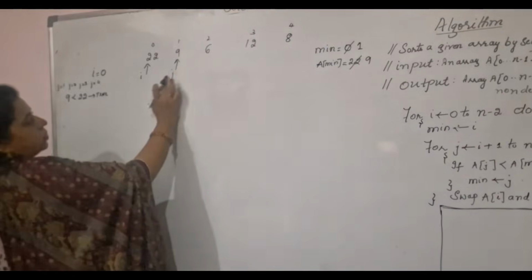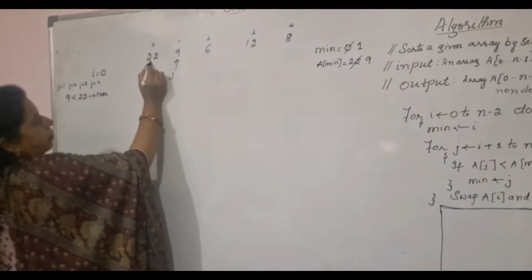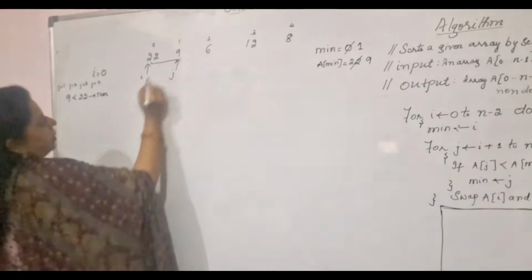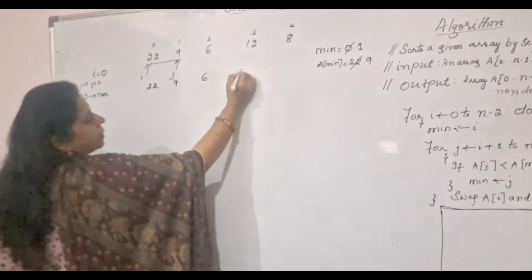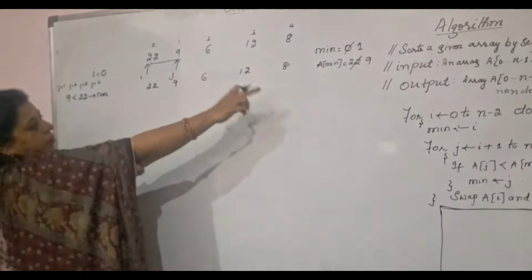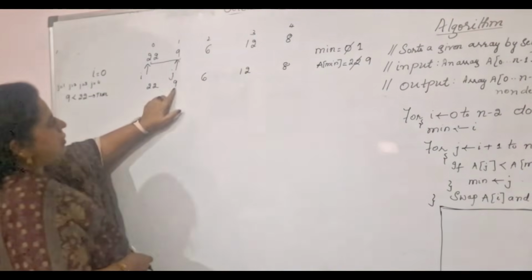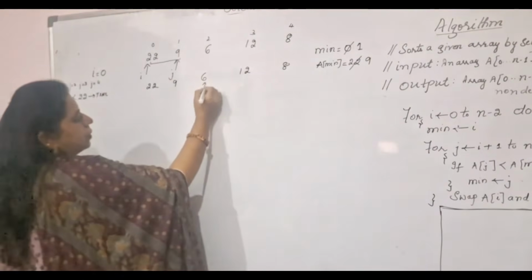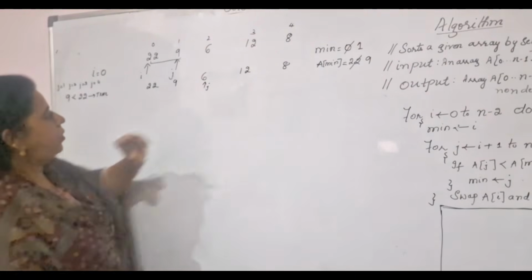Next, the j pointer. This is happening in the very first comparison. You had compared this 22 with 9. Next time, the elements are 22, 9, 6, 12 and 8. Now you will compare. A of minimum is how much now? 9. And the j pointer will point to this location. Now A of j is compared with A of minimum.